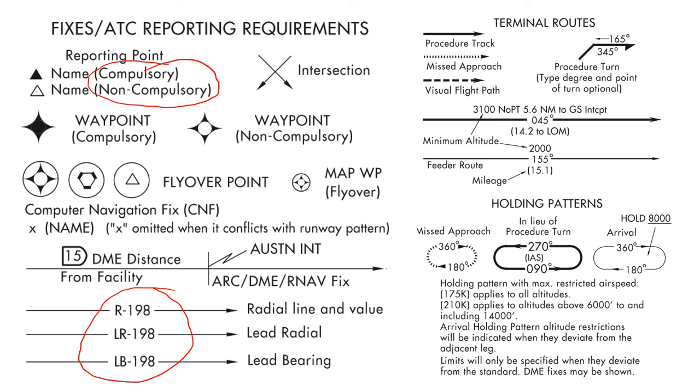If it's a legitimate track for you to follow, whether it's a part of the actual procedure or a feeder route, there will be a course embedded in the arrow, but without the R or the LR or the LB. And there'll usually be an altitude, a minimum altitude that's next to it, along with other notes, such as whether a procedure turn is allowed, and so forth.